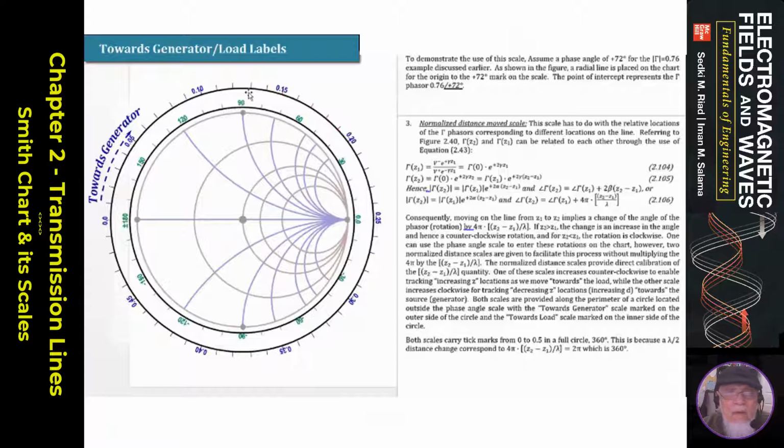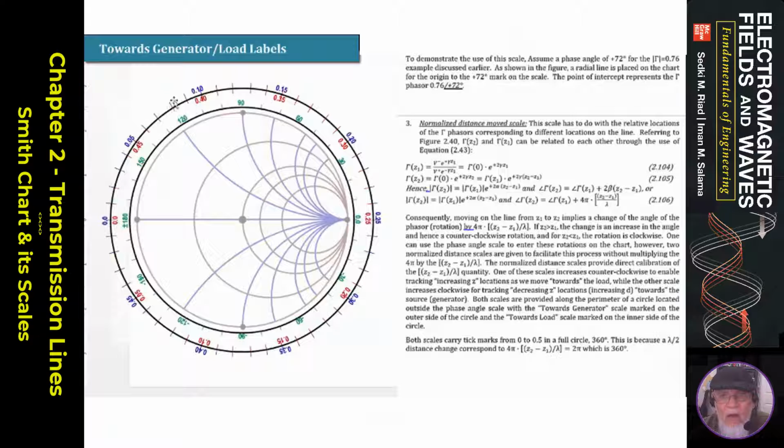Now, if I was moving the opposite way, those numbers here are going to be backwards. And just like the way you calibrate a ruler, sometimes you calibrate it both ways, so you can use either end to measure things. We are going to do the same thing. We are going to add another scale that goes the opposite way.